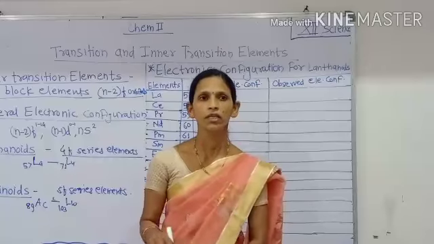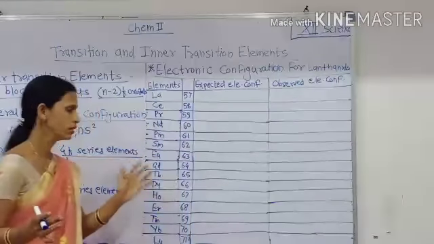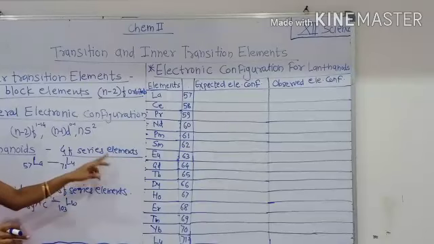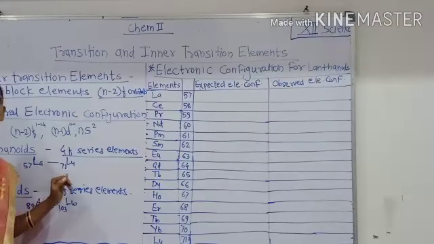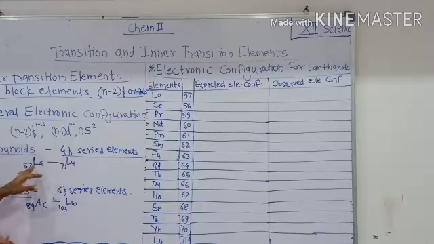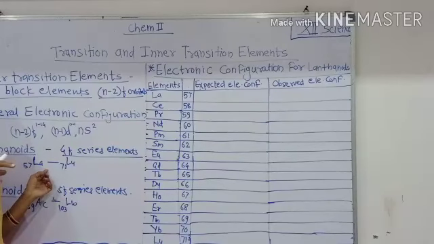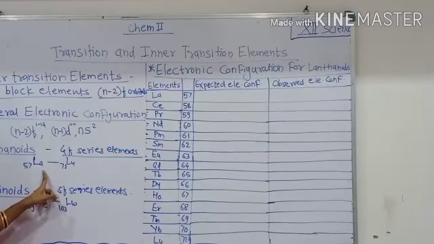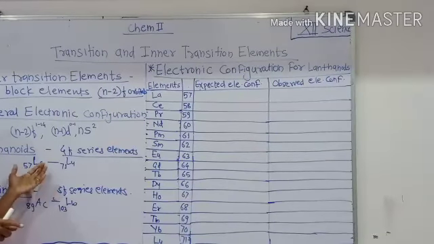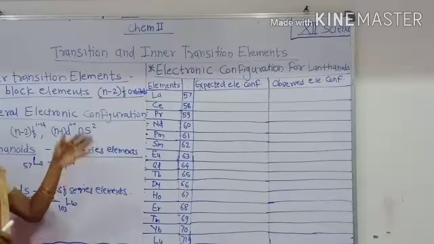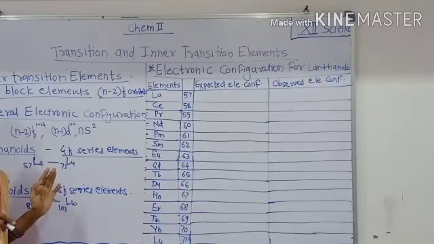The lanthanoid series, known as the 4f series elements, starts with lanthanum. But focus on lanthanum: in its electronic configuration the d orbital is filled and the f orbital is empty. Therefore lanthanum is a d block element, and the elements after lanthanum are the 4f series elements.